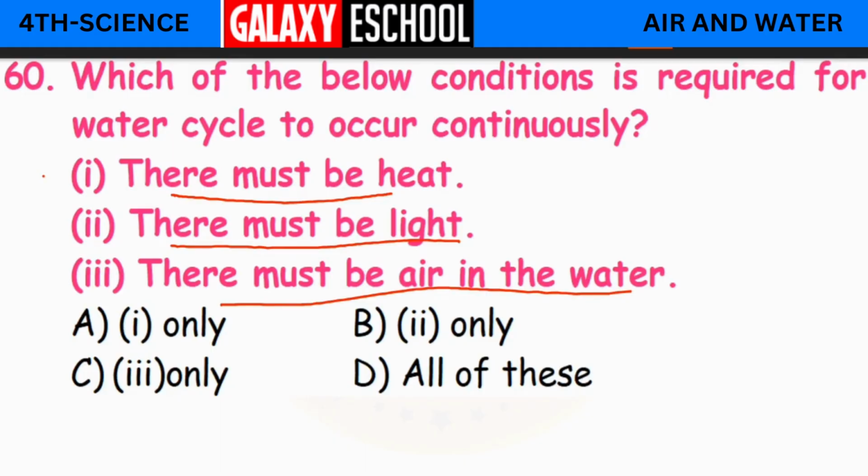So which one is correct, children? Yes, the first one, that is, there must be heat. A is the correct answer. Why? Only through heat, evaporation and then condensation take place. Because of that, we also get rain. This is the continuous process of the water cycle. So for this you need heat.